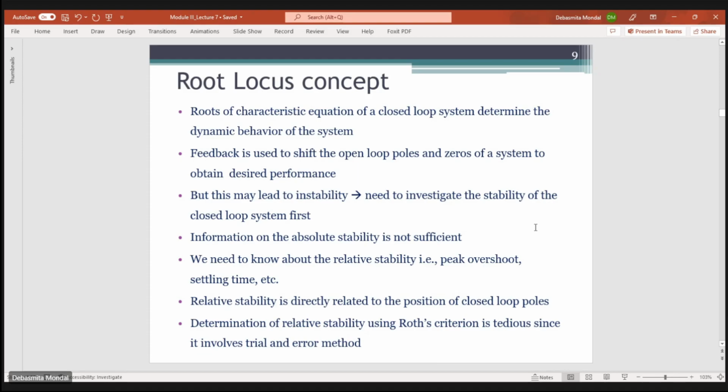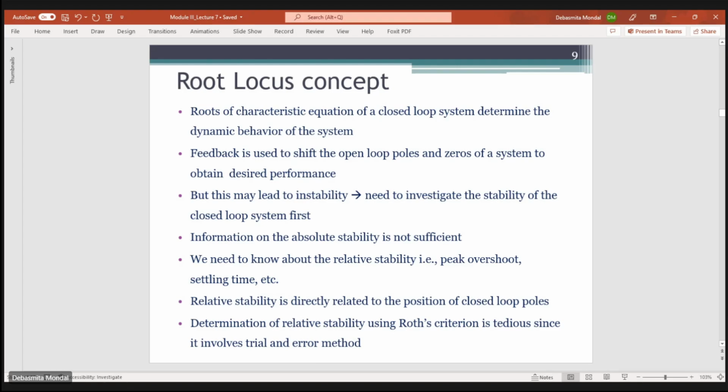But as you remember, the moment you use feedback, there is always a chance that it might lead to instability. So we cannot randomly use any kind of feedback in any system. We have to choose the feedback in such a way that the closed loop system generated after using the feedback is a stable closed loop system.